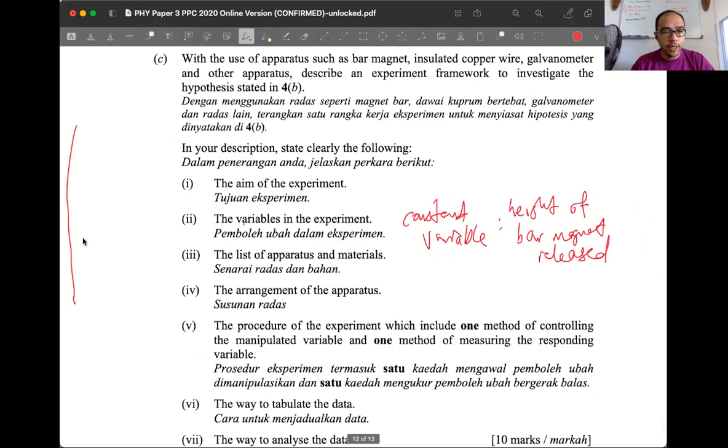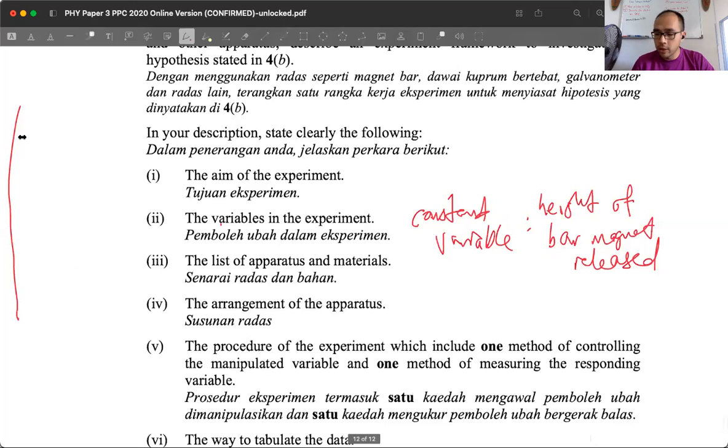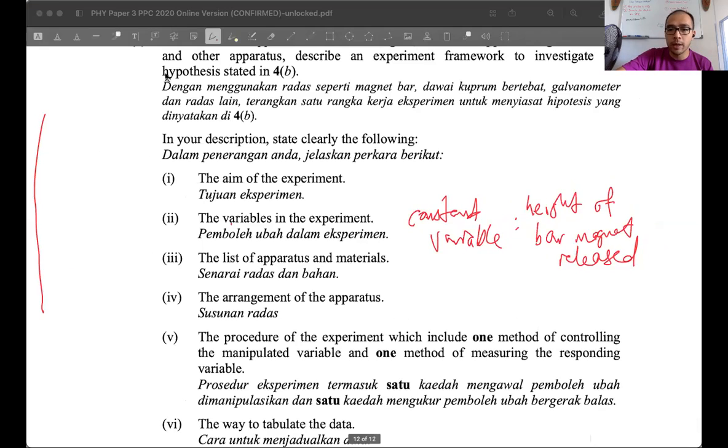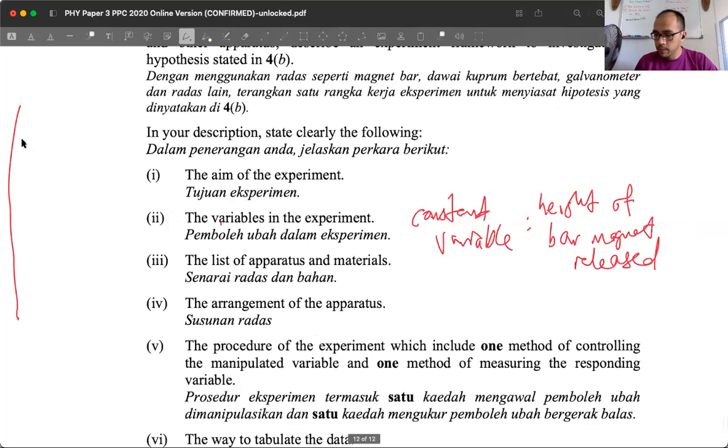Okay, so you have the retort stand over here. You have a meter rule over here, and then over here is the magnet.